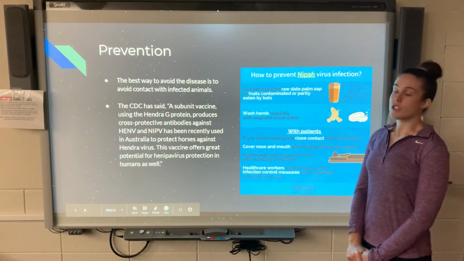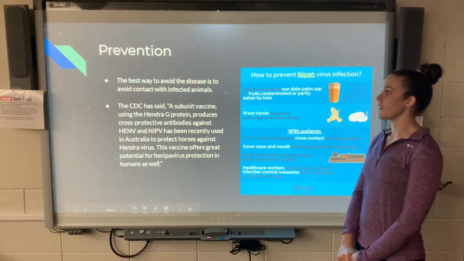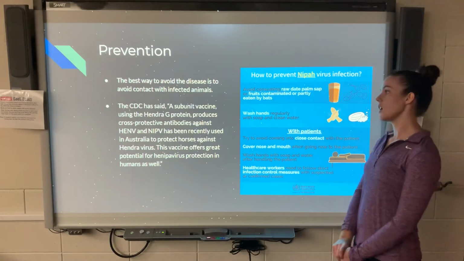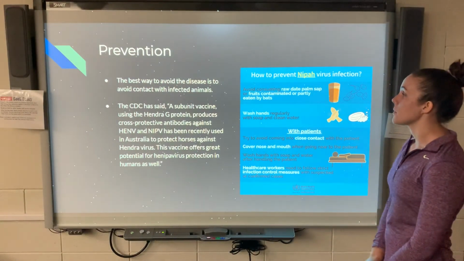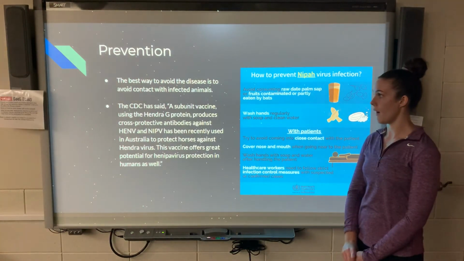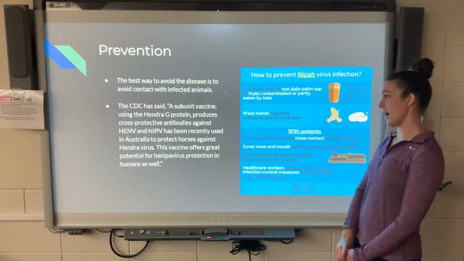So again, because there's no treatment or vaccine, the best way to not get Nipah virus is just prevention. It can be prevented by avoiding contact with diseased animals like pigs and bats.